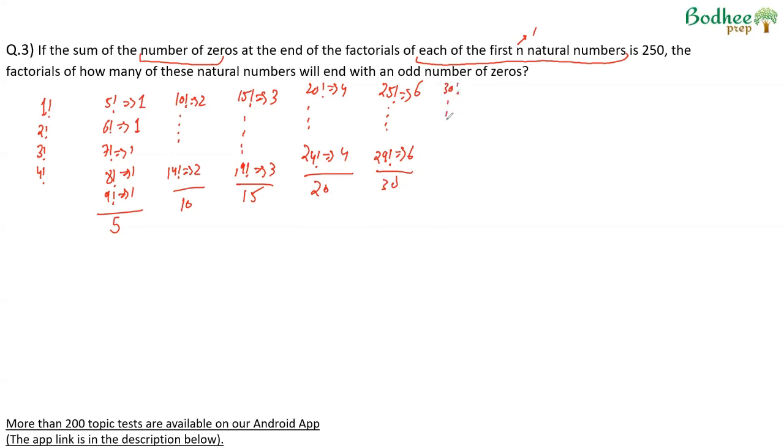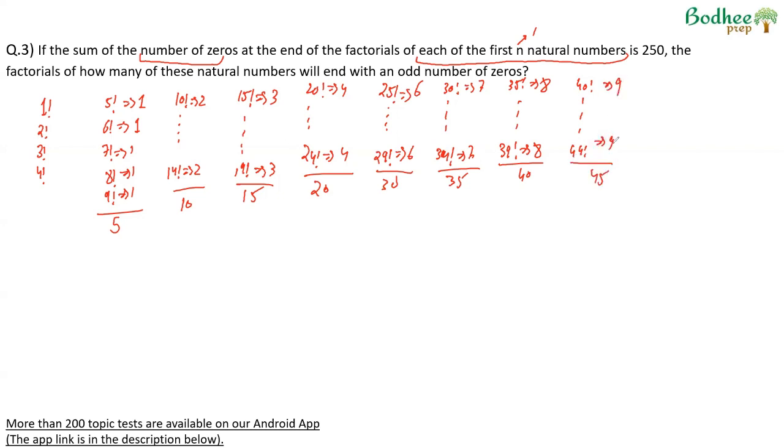From 30 factorial to 34 factorial, again the increase will be by 1. So 7 zeros each, 35. From 35 factorial to 39 factorial, the number of zeros will be 8 each. This will add up to 40. From 40 factorial to 44 factorial, the number of zeros will be 9 each.